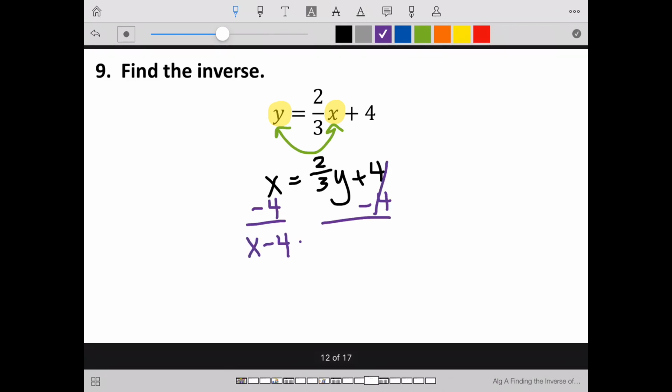X minus 4 equals 2/3 y. And now remember, with our fraction, we're going to multiply by the reciprocal. So we're going to multiply by 3/2. Same thing here, and same thing here.